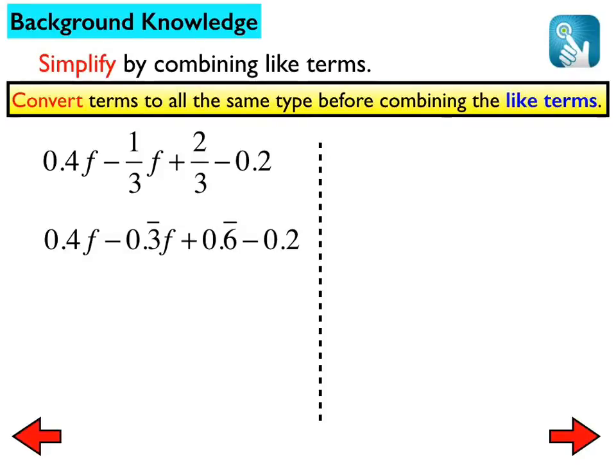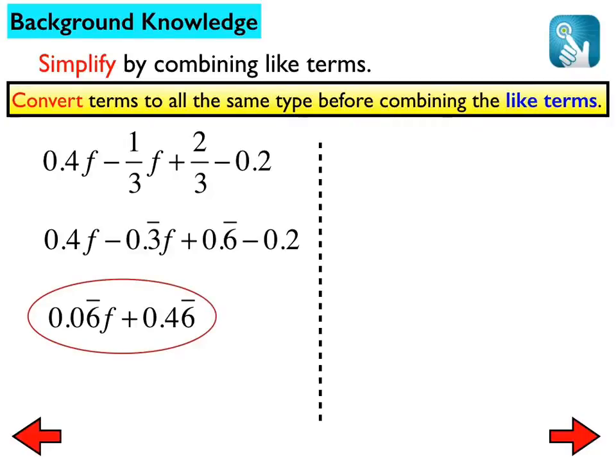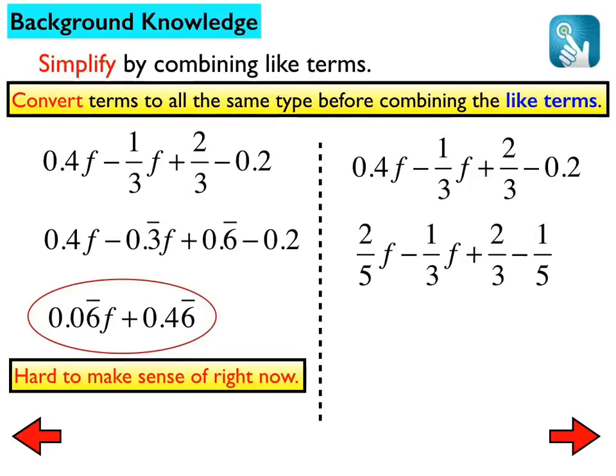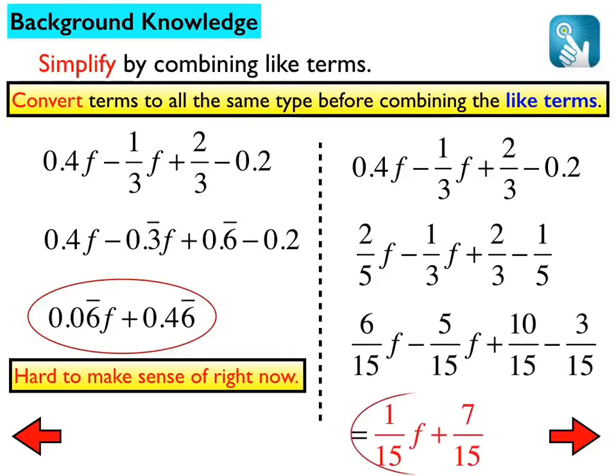After I make this all decimals and combine those like terms, it ends up being this answer, which we don't know how to do yet. 0.4 minus 0.3 repeating, we don't know how to get 0.06 bar. This doesn't make sense to us yet, right? This will be later in math. So I recommend making it all fractions so that you get this fraction answer, which we all know how to do.